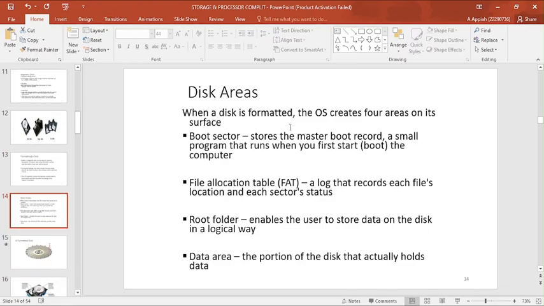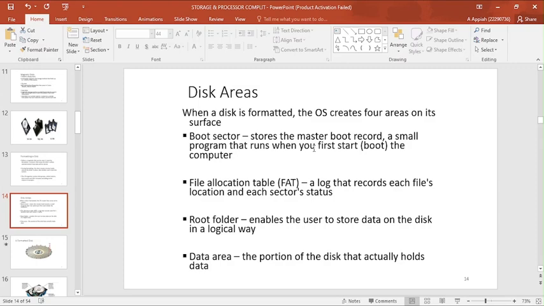Now, we have what we call disk areas. When a disk is formatted, the operating system creates 4 areas on its surface, and we shall look at these 4 areas. The first is the boot sector. It is the part of the disk surface that stores the master boot record.